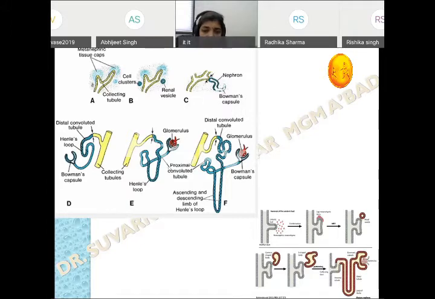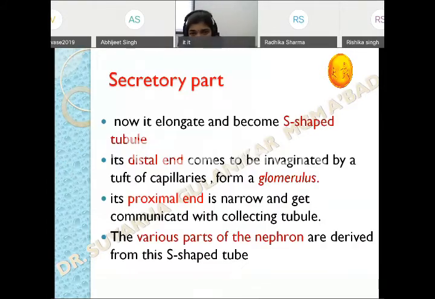So after the S-shaped tubule is formed, the distal end is invaginated by a tuft of capillaries, so they form the glomerulus and Bowman's capsule. And the proximal end is narrow and communicates with the collecting tubule, so that whatever filtration occurs and urine is formed freely enters the collecting part.